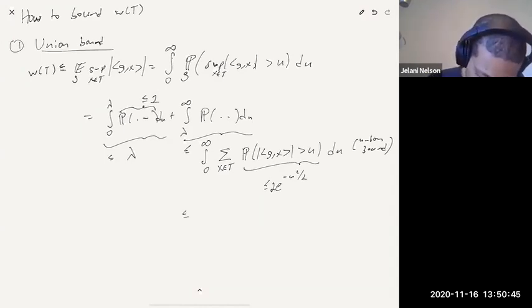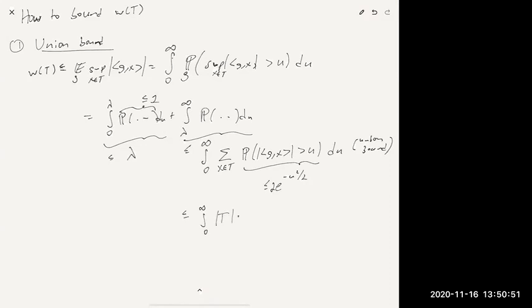So this is at most now the integral from 0 to infinity of the size of T, because I sum over all x in T, 2e to the minus u squared over 2 du. Should it be an integral from lambda to infinity? Yes.